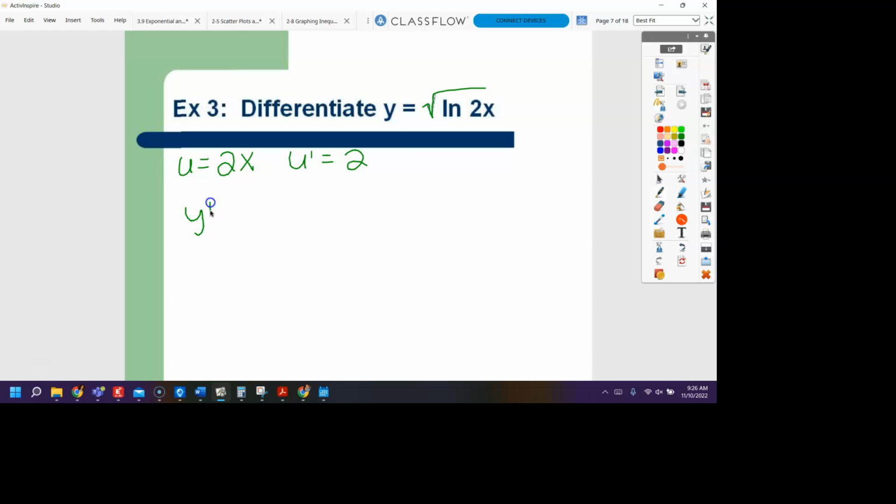So that's like saying y prime equals 1/2 ln 2x to the negative 1/2 times the derivative of ln 2x, which is u prime over u. That's a whole lot of 2's. So 2 over 2 cancel. So I get 1 over 2x square root ln 2x.